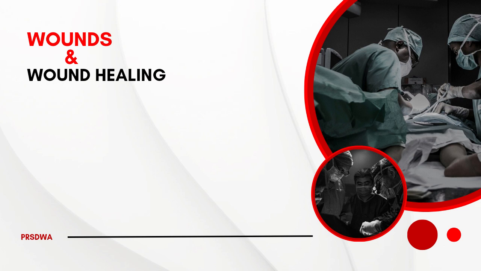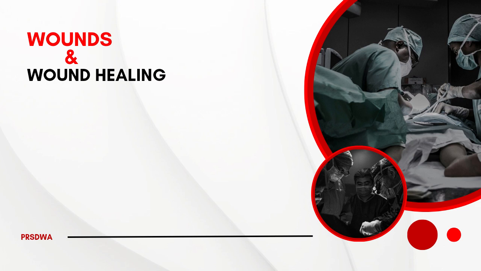So let me say it. Healing by primary intention is healing that occurs in either a freshly caused wound or an incised surgical wound where there's no tissue loss, and the edges are approximated nicely. Usually the aim is that we should get a hairline scar. So healing by primary intention is the one that we do for all those with no tissue loss.